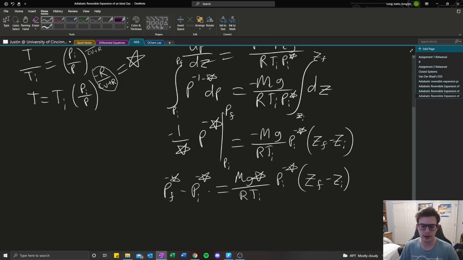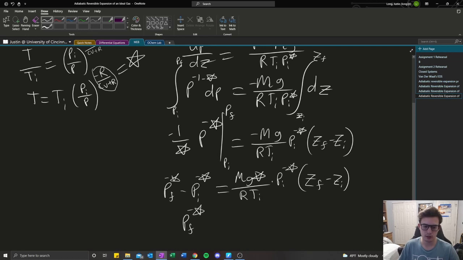So now we're going to be able to move this initial pressure to the negative star over, and then we're going to be able to pull it out, factor it out. So I'm just going to do that all in one step.